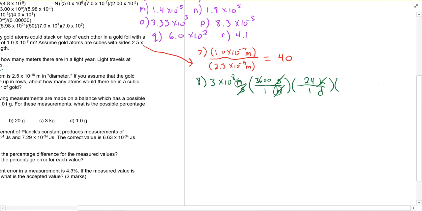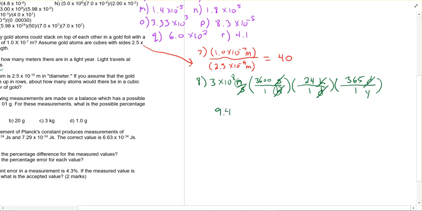Now last one, we want to get to years, right? So what I'm going to do is go, okay, well there are 365 days in 1 year. So now if I do that, days cancel with days, and now all I have to do is multiply all these numbers up top together, and I get 9.4, but I can't really go 9.4, can I?